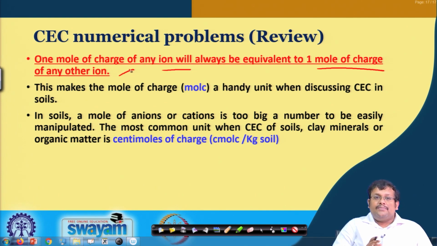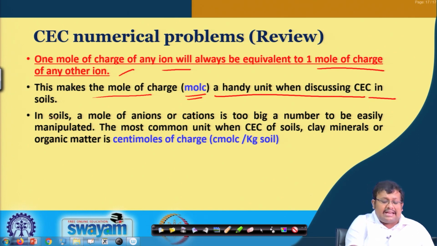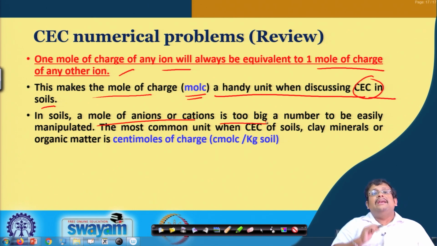So, this makes the mole of charge, that is molar charge, a handy unit when discussing the cation exchange capacity in the soil. This equivalent baseline, that is mole charge, gives a much easier way of calculating the CEC in soil. In soil, a mole of anions or cations is too big a number to be easily manipulated.